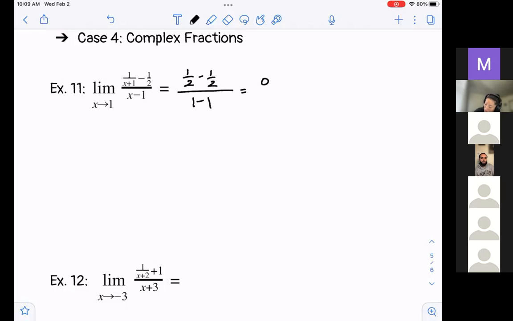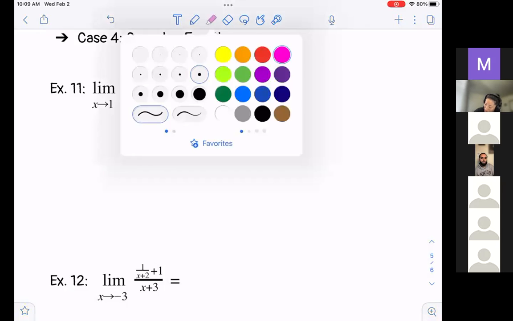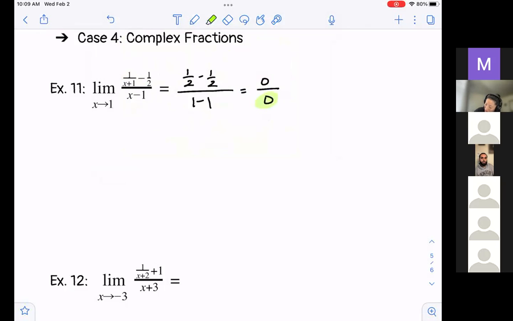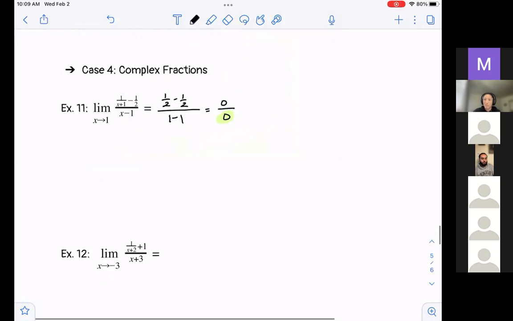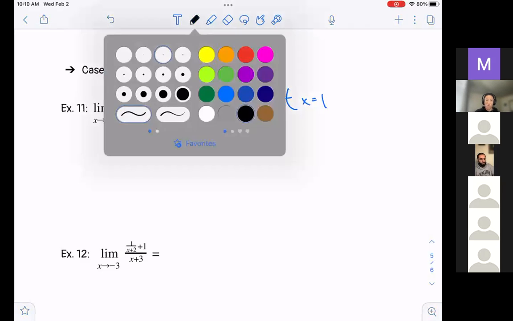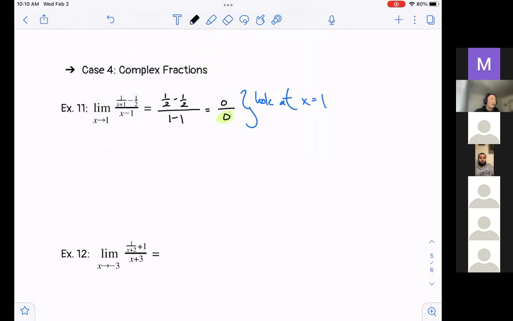And it turns out we do end up with this 0 over 0. Wow, it's like these questions were sort of picked to be this way, right? So we end up with the 0 over 0, but we persevere through and we say, there's a hole at x equals 1. And so now we need to figure out how we can see what's happening around the hole if we can't see what's happening exactly at the hole, okay?